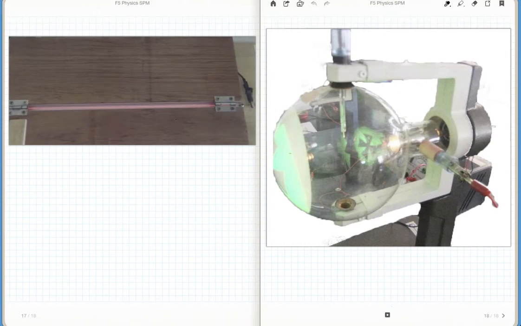This is one of the examples where I have a nichrome wire. Nichrome wire is famous for its really high resistance. So I provide current to pass through it, in this end and out the other end.